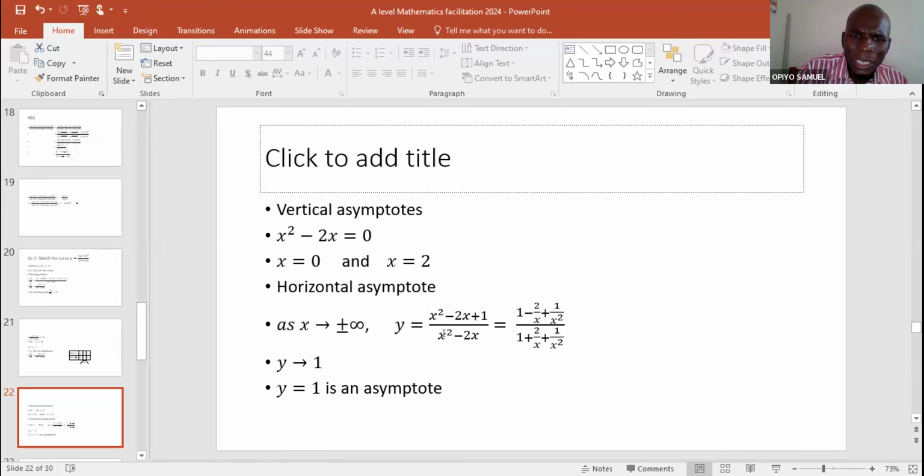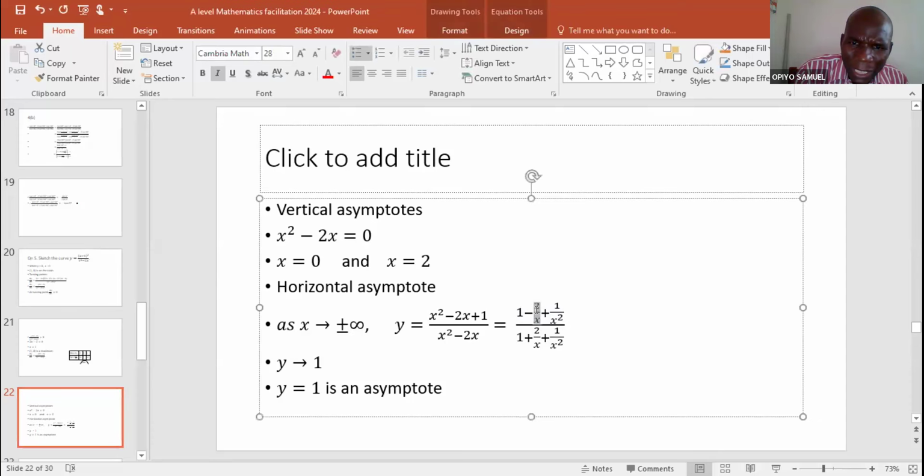Then you do the same with the denominator. Now, when you put a big value of x, whether positive or negative, these other terms where there is x will go to 0, even in the denominator. So it means y will tend to 1. So for that case, the line y equals 1 is a line of asymptote. So that's how we determine asymptotes.